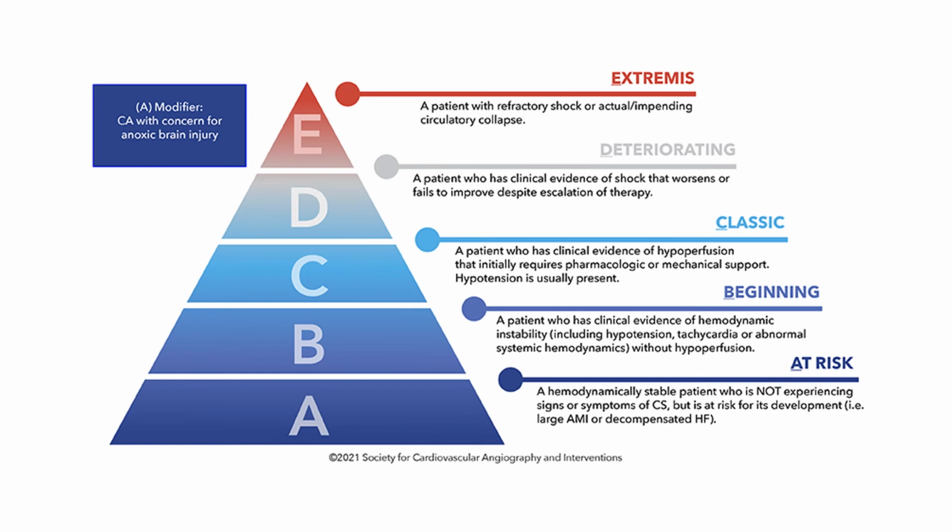D is deteriorating. Unfortunately, when you have therapies, it doesn't seem to be getting any better. And E is extremis, refractory shock or impending circulatory collapse. So it's important to think about these stages. I think the reason for this classification schema is to get people to start thinking about earlier referral, and the earlier the better.